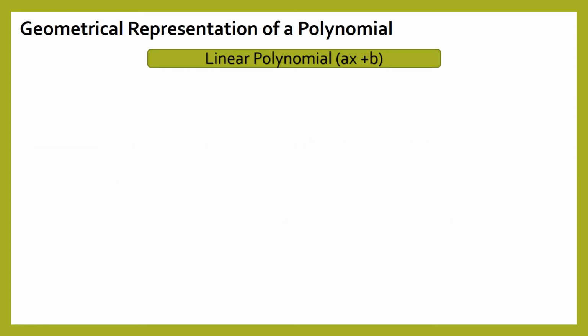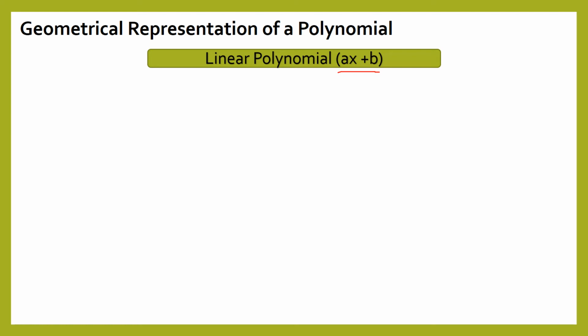Geometrical representation of a polynomial. This, according to me, is the most important concept in this chapter, wherein we convert polynomial expressions into geometrical curves. To start with, we will take a linear polynomial. Linear polynomial is of the form ax plus b.